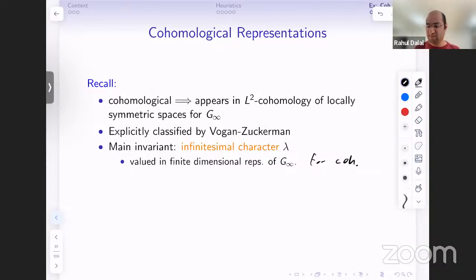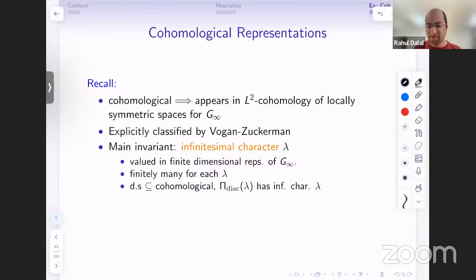So you can think of it in that way. There are finitely many for each possible infinitesimal character lambda, which is pretty great. And discrete series are a special case of cohomological representations. All the discrete series inside pi discrete lambda have infinitesimal character lambda. So everything's consistent with what we were talking about before.